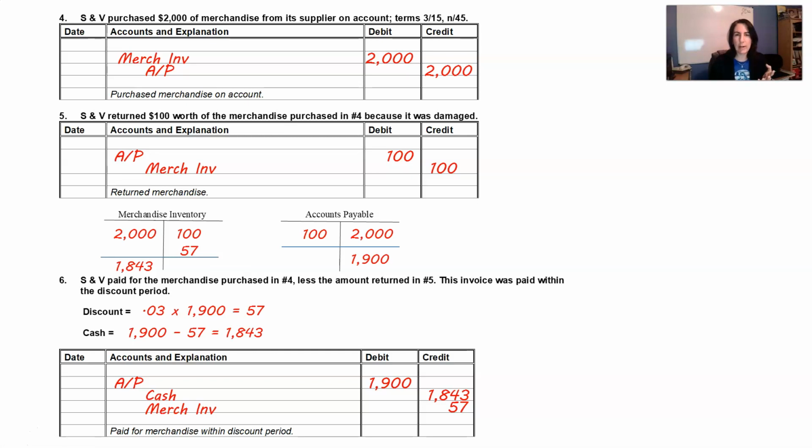Record anything for what you paid for it. So if that's the case, you didn't pay $1,900 for that inventory. You paid $1,843 for that inventory, right? So we're going to reduce the inventory by the discount, and the inventory will be properly recorded at the actual amount of cash that we spent. Makes sense? All right.